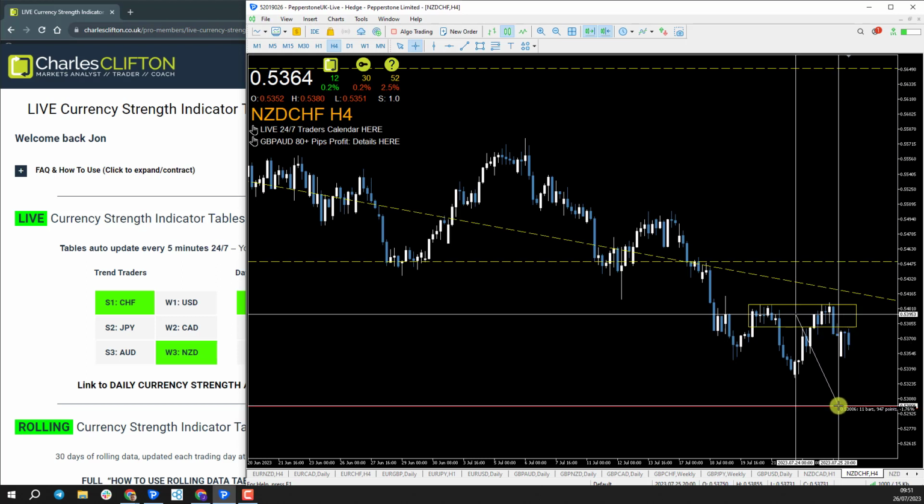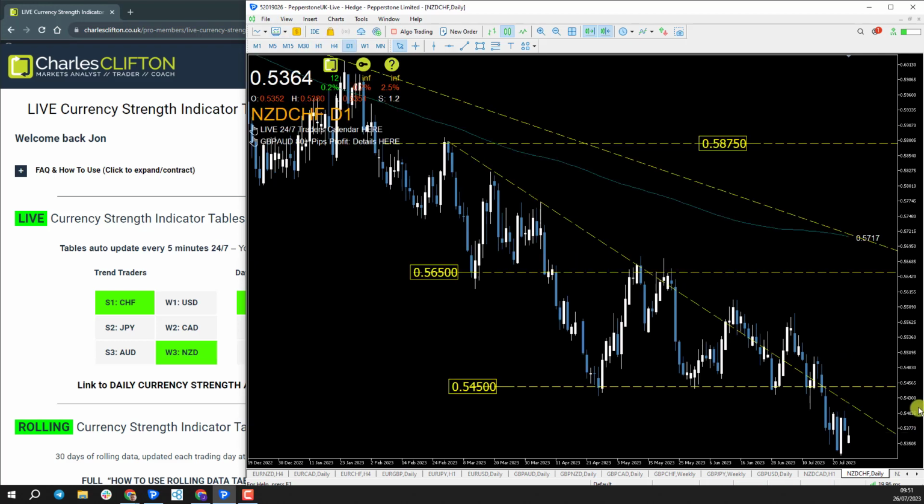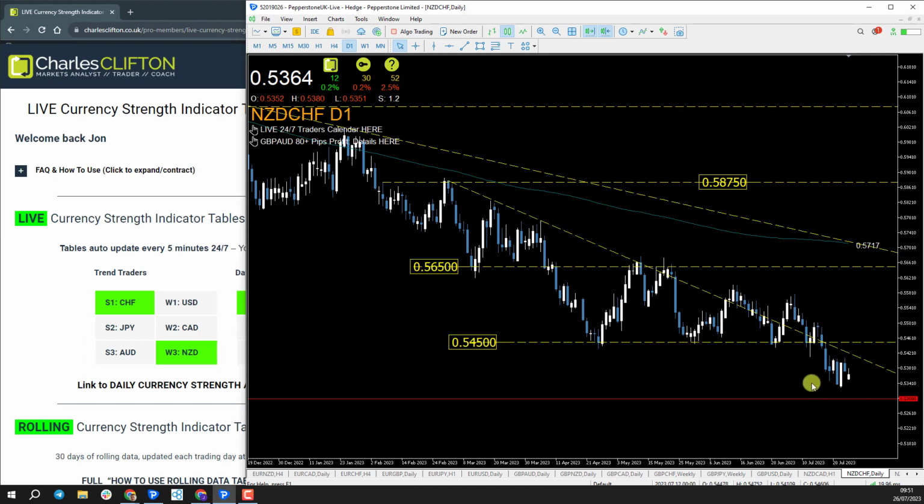Target is down around about 90 pips at this 0.53 handle. So nothing really for us to look into here at the moment. Everything's a downward trend. Nothing that we talked about previously has changed, apart from getting that pullback and getting that entry into the market. So we'll see if that can continue to push to the downside here.